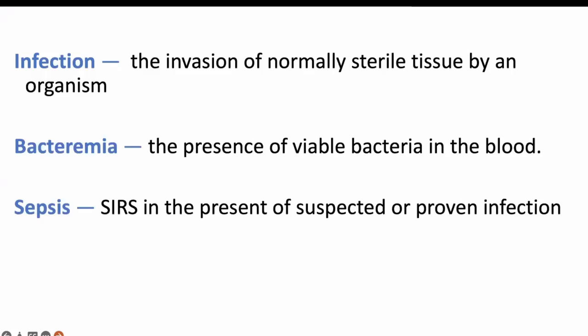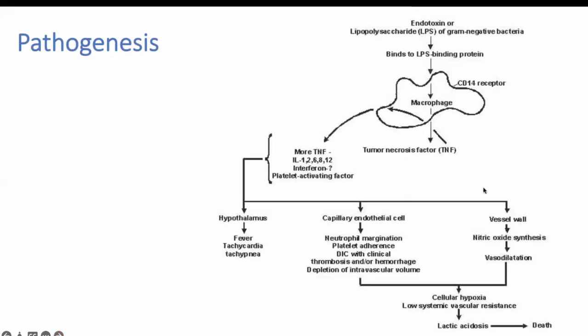The cascade starts from the beginning by the presence of endotoxin or exotoxin, lipopolysaccharide, or the bacteria itself. Usually the trigger of all the problems is the macrophage. Macrophages release tumor necrosis factors, which release more cytokines, and you'll have a lot of cytokines. They call it a cytokine storm.